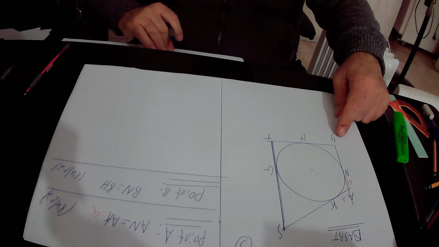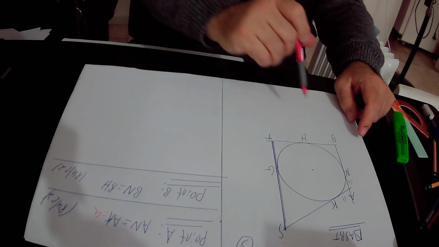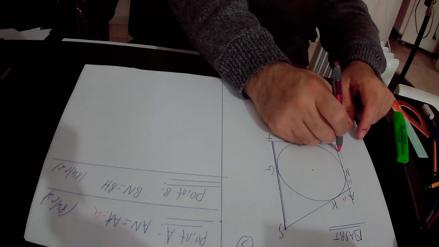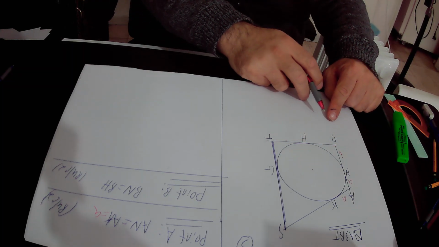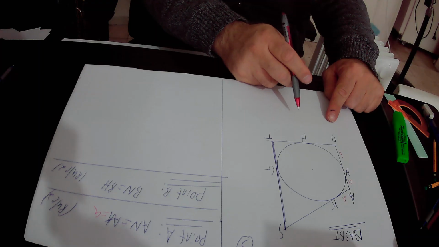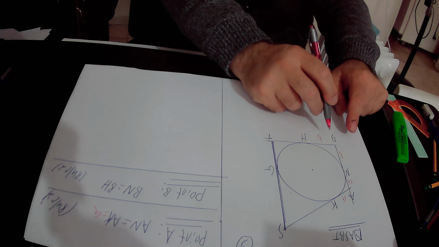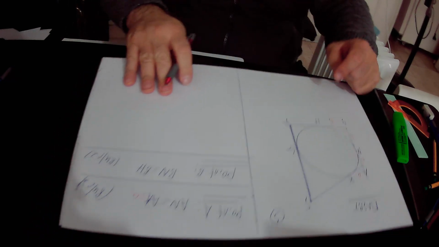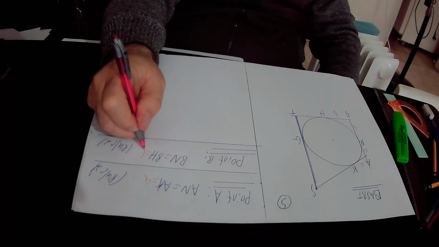If we define the length of tangent BN as B, then the length of tangent BH will also be B units, because they are equal to each other. In conclusion, BN equals BH equals B.